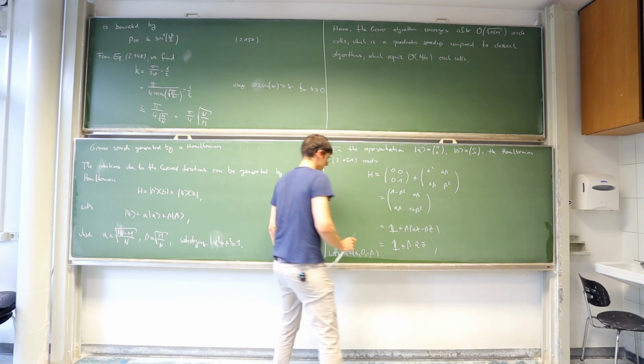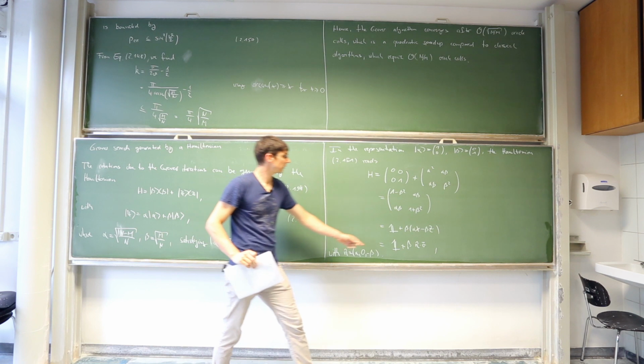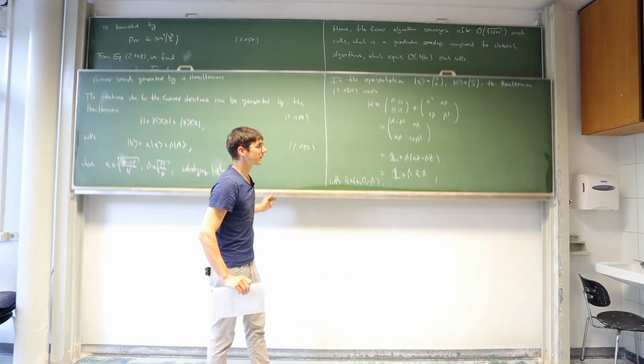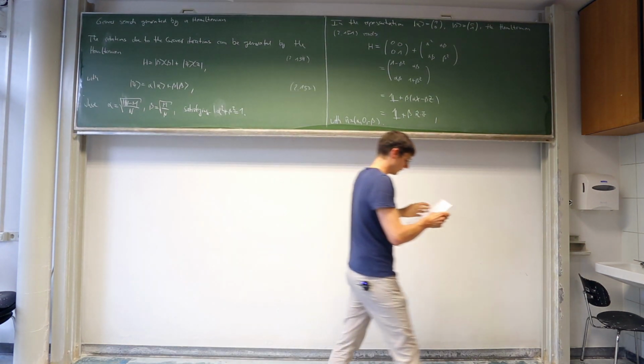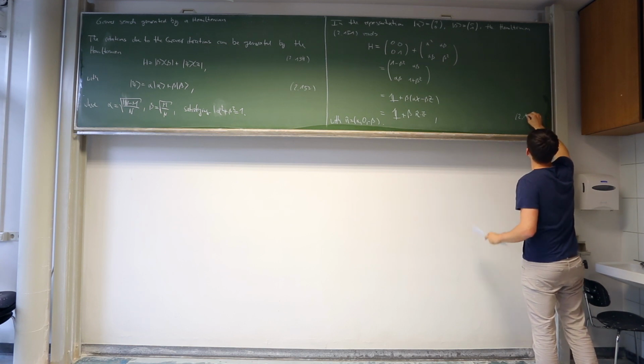So this is a unit vector, because we know that alpha squared plus beta squared is 1. And now you see that this is a form that we've seen several times so far. This is equation 2.153.